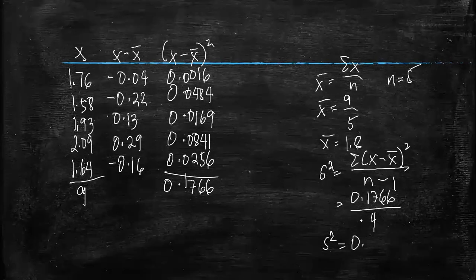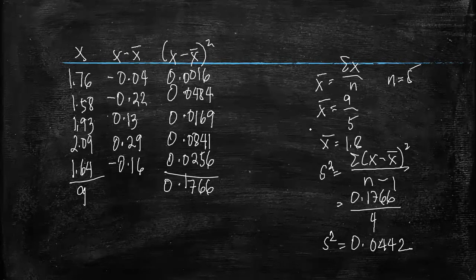So, 0.04415. Pero 5 decimal places na siya. So, puputulin ko na lang siya doon sa pang-apat. I-round off lang. So, 0.0442. Ayan siya.